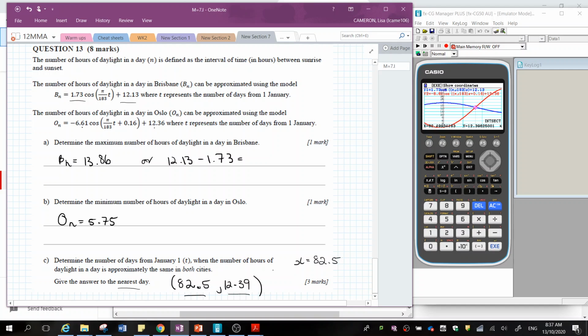So I would assume that if you were going to say 82 or 83, if you provide justification, they would give you the answer either way because it is roughly half. If you're rounding to the nearest full day, you're closer to 82 than you are to 83. But I think if you justify it, you can do either way. But I am going to say that x is equal to 82 days.